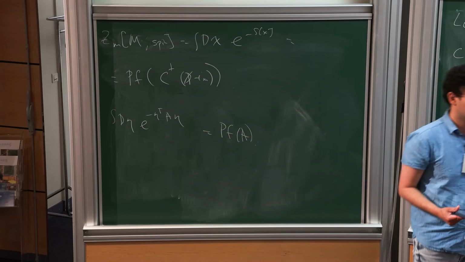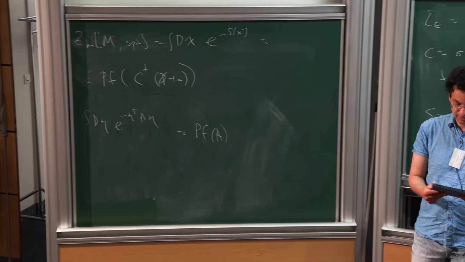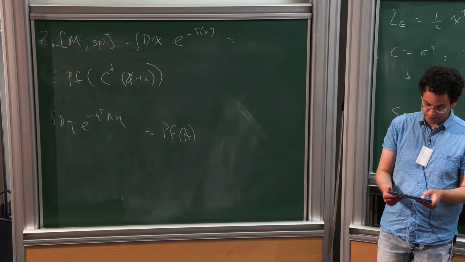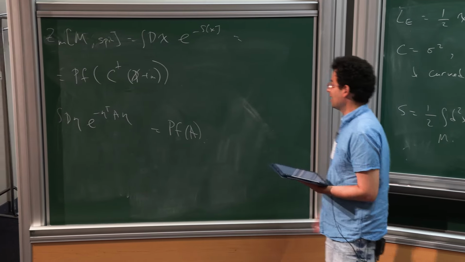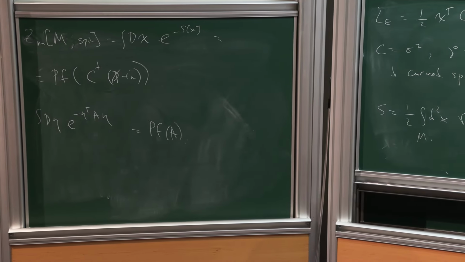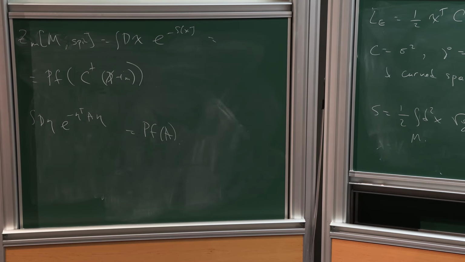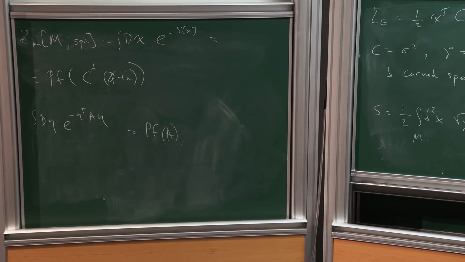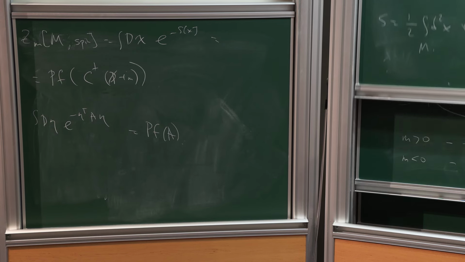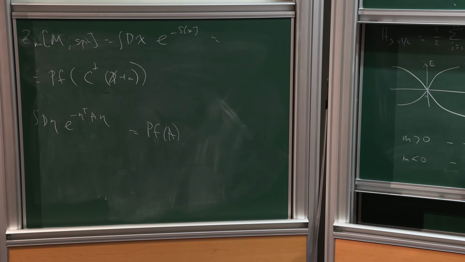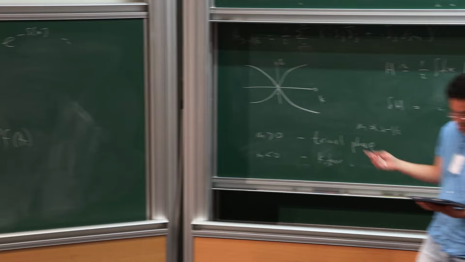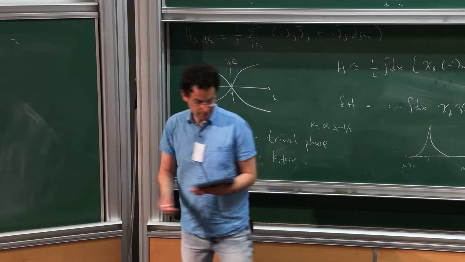So we'll have to figure out what's the correct sign, whether there is some ambiguity of the sign. And we'll find that we can circumvent that problem by using the reference state, which is the trivial state. So, okay, let's get to work.